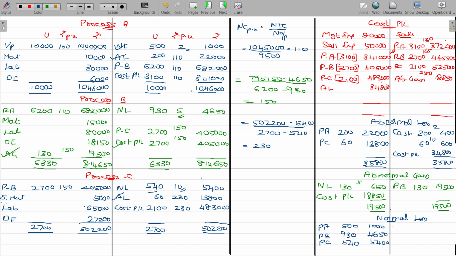And to the extent of abnormal gain, where we won't recover, rupees 650 should be subtracted. So it's posted here: abnormal gain, 130 units. For that 650 we won't realize. If you tally, then the ultimate value is nothing but the cash amount realized. After tallying the normal loss, the difference should not be put as a loss in the costing P&L account.